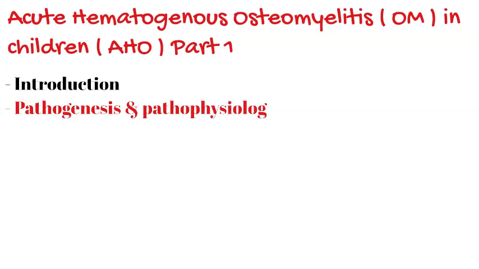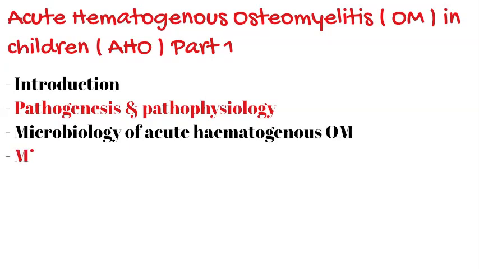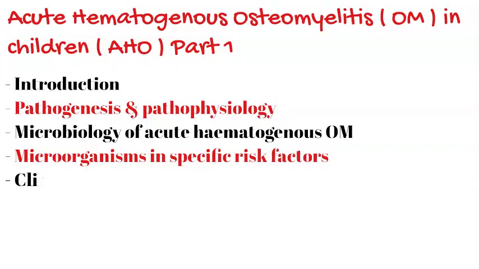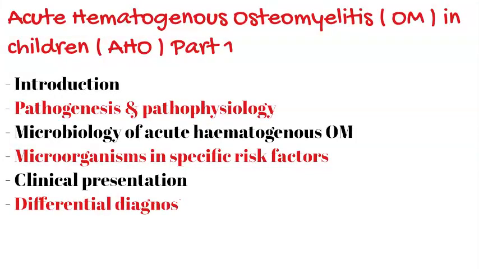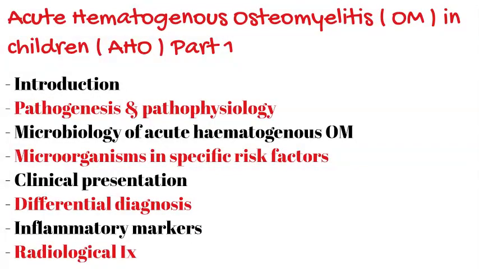We are going to start off with an introduction, pathogenesis and pathophysiology of acute hematogenous osteomyelitis, microbiology of acute hematogenous osteomyelitis, microorganisms in specific risk factor groups, clinical presentation of acute hematogenous osteomyelitis, the differential diagnosis, the inflammatory markers, that means the laboratory investigation, and radiological investigation to diagnose acute hematogenous osteomyelitis.